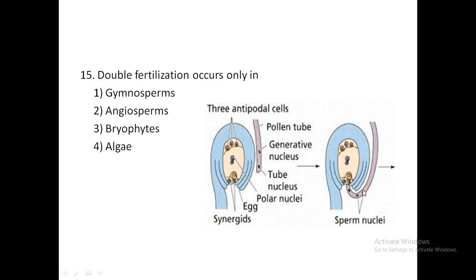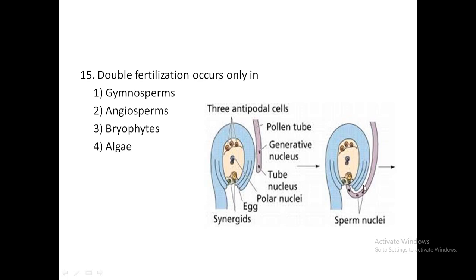Out of these two gametes, one fuses with the egg, and the other male gamete fuses with the central nuclei, or polar nuclei. Now the fertilized egg develops into the embryo, whereas the polar nuclei, after fusion with the second sperm nucleus, develop into endosperm that nourishes the developing embryo.